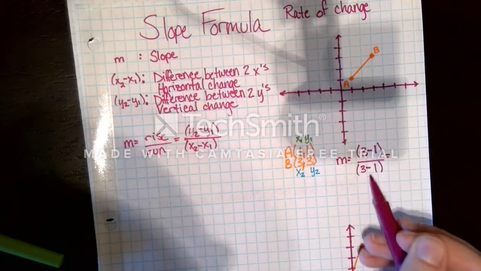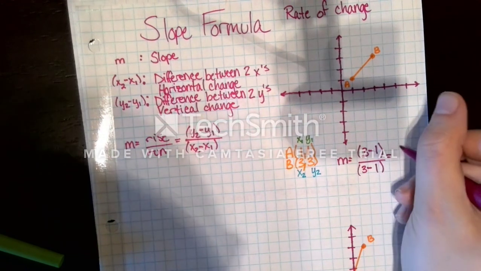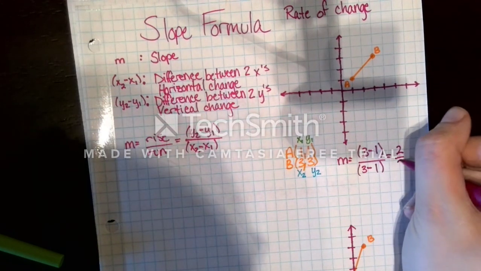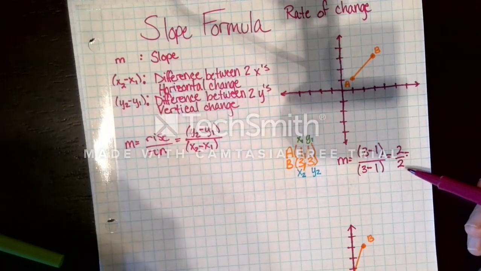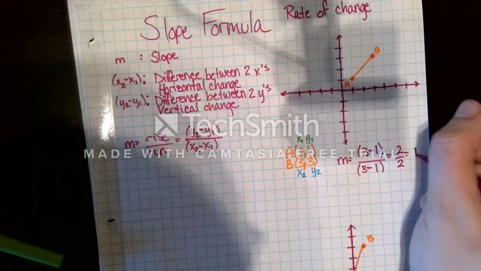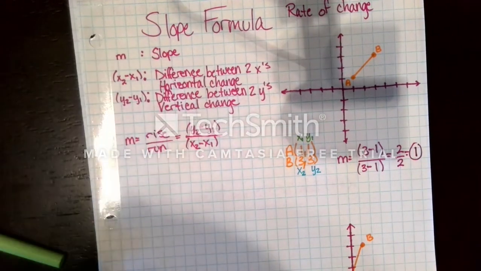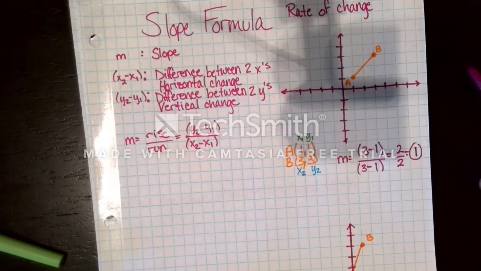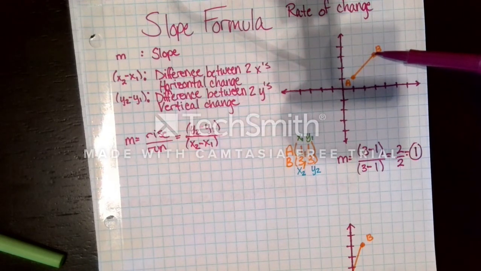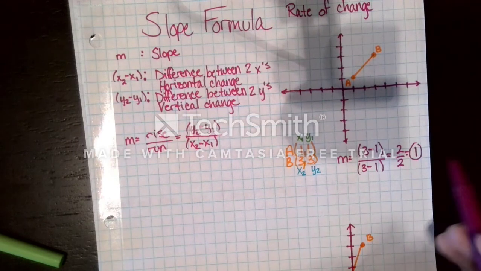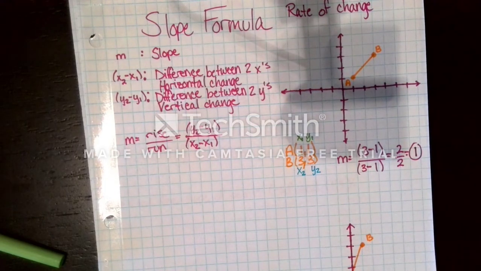When you simplify and solve algebraically, you should get a slope of 2 divided by 2. But any whole number divided by exactly itself is just equal to 1. So what this is telling you is that for every point you go up, you must go exactly 1 to the right. The same thing goes for the next point. That is your rate of change for this example.